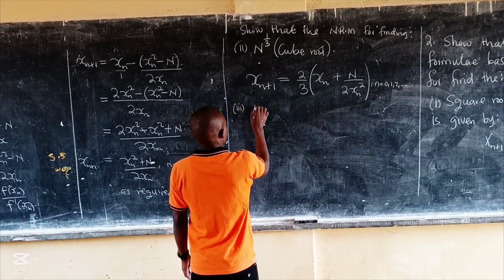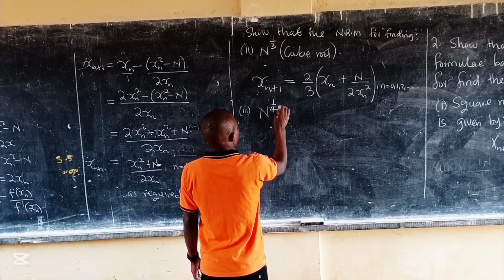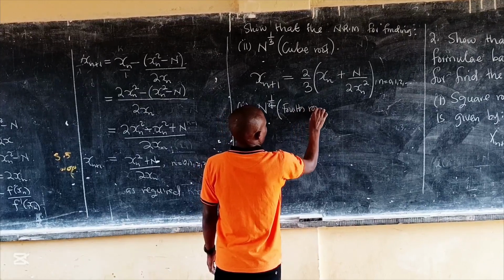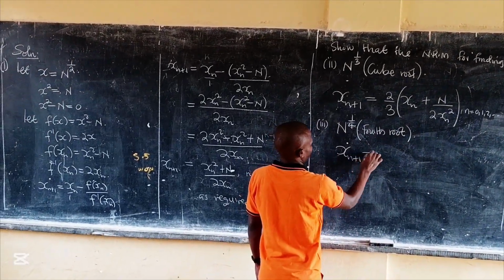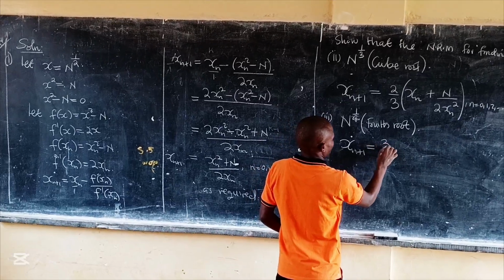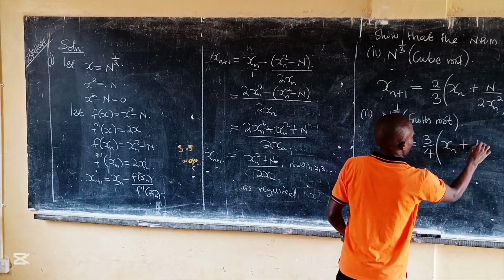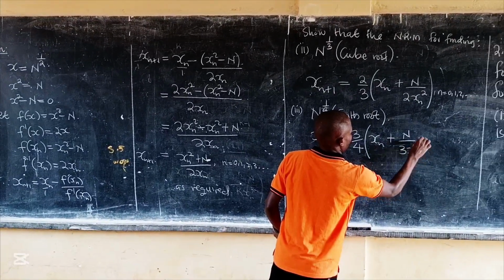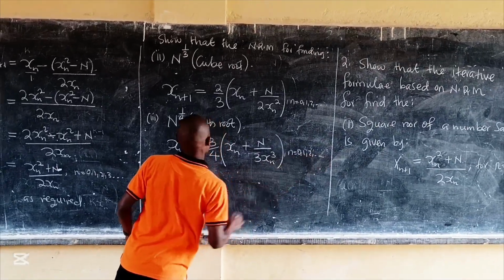Roman 3 n power, and here we can say the fourth root, and we want to show that xn plus 1 is given by 3 out of 4 into xn plus n over 3 xn power 3 for n equals 0, 1, 2.